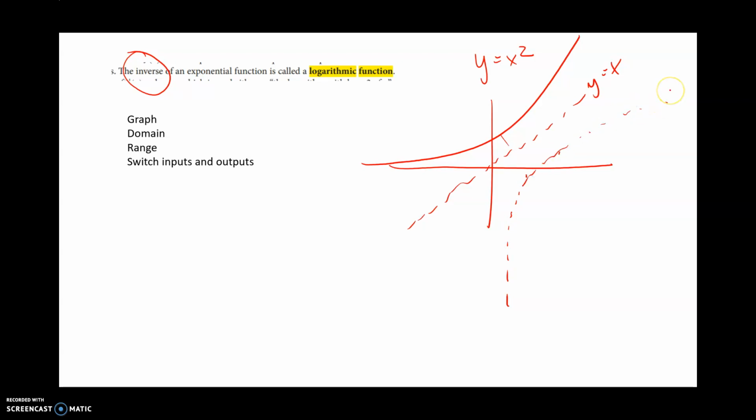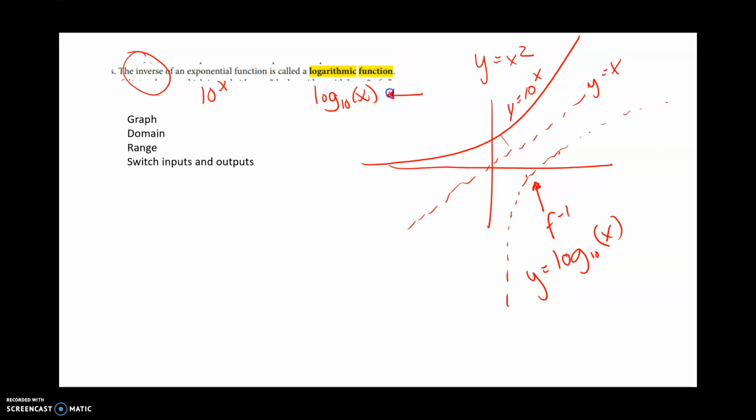If we called this y equals 10 to the x, this would be the inverse of that function, which is log base 10 of x. So exponential function 10 to the x, its inverse would be a log function. I'm going to call this log base 10 of x.